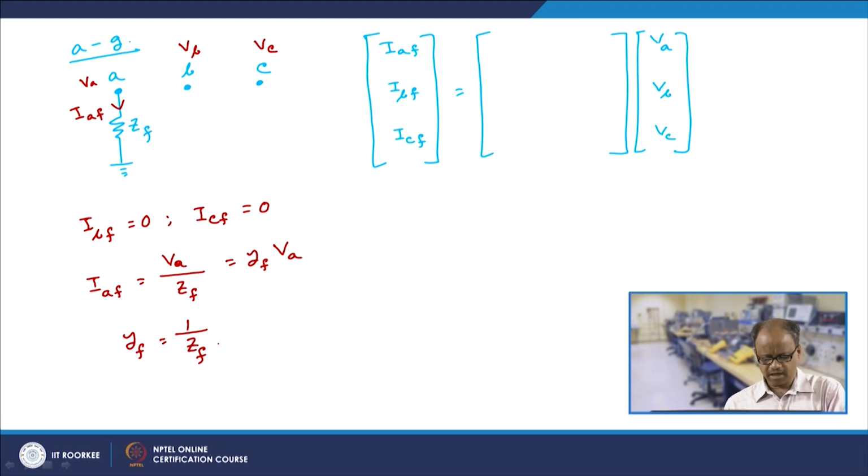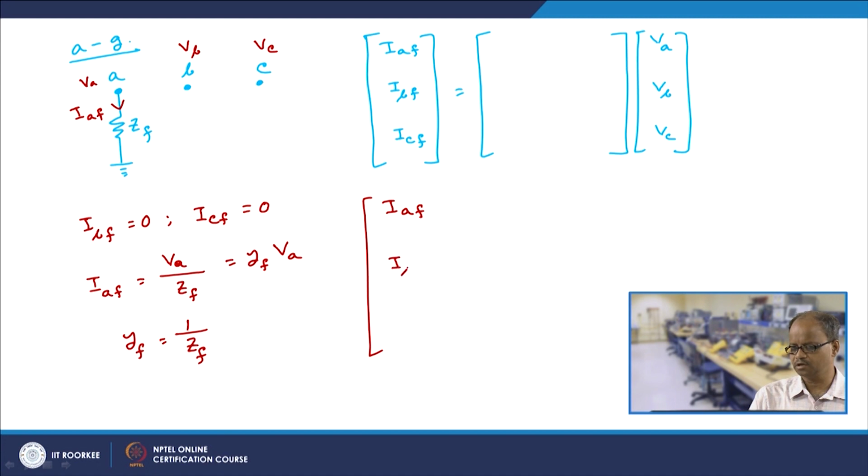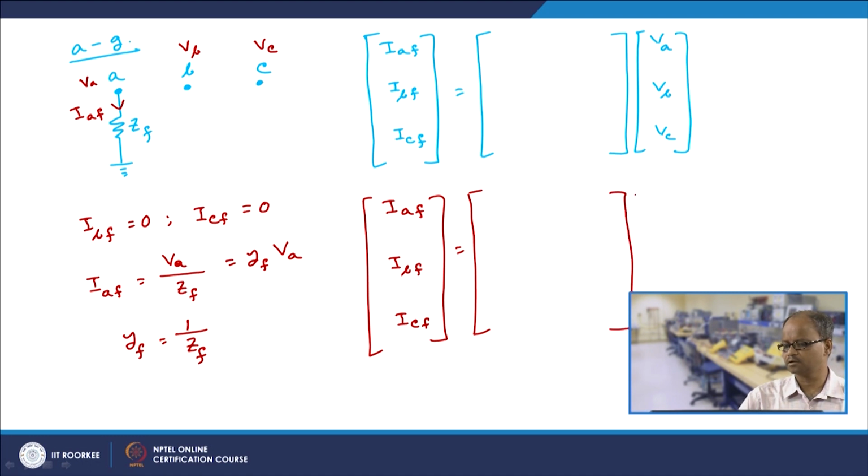If that is the case, then we can write down the following relation between IAF, IBF and ICF. It would be simply YF, 0, 0, and all the other terms are 0.